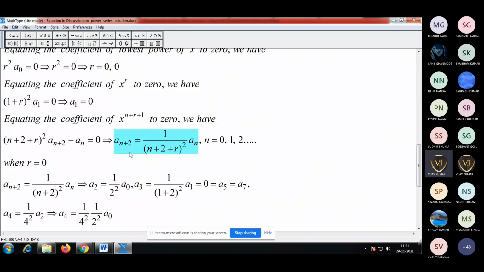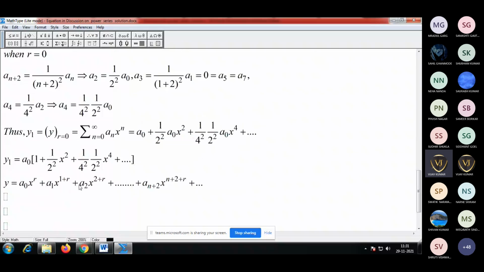It means when n is 0, a1 already has become 0. So n is 0, then a2. A2 means, you know, n is 0. So 2 plus r whole square. So this a1 is 0. This term is 0 because a1 is 0.